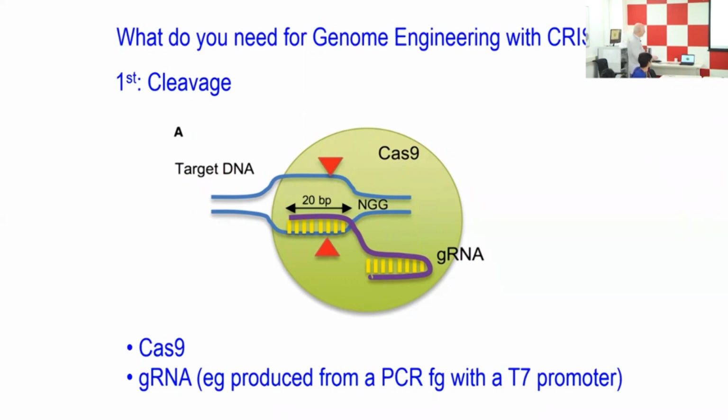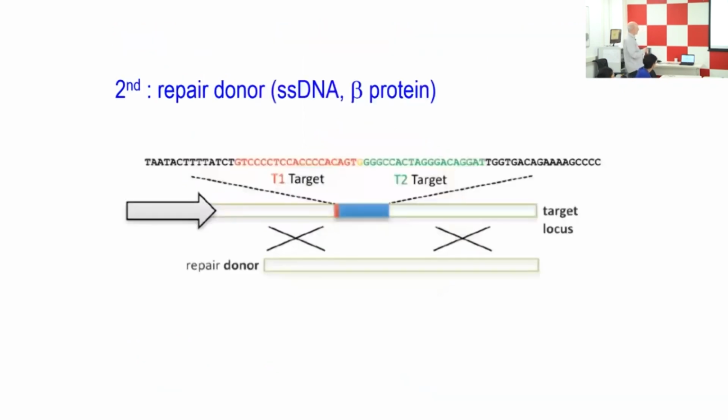From a different promoter, it can be T7, it can be other types of promoters, and even in some cases, it can be produced from a PCR fragment with a T7 promoter, where you encode in the PCR fragment this guide RNA that eventually will convert Cas9 into a nuclease. Okay, so in this scenario, there are many things that you can do.